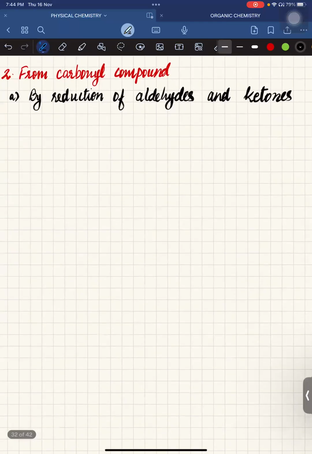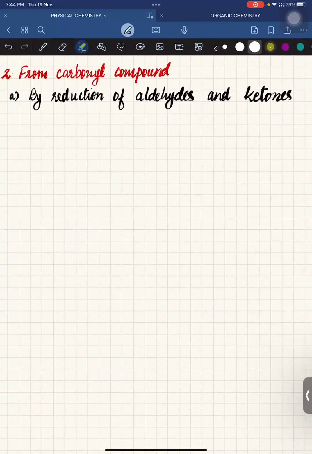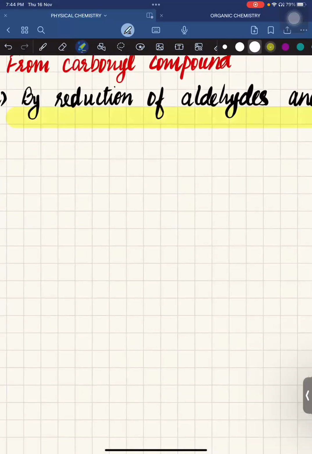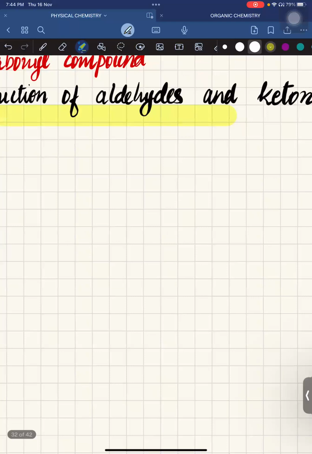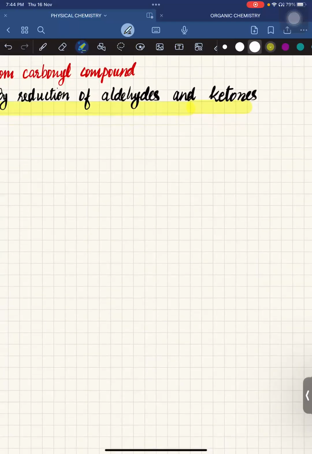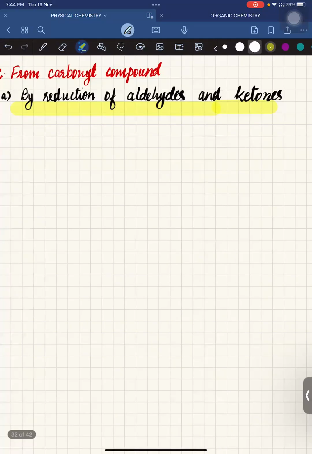Both of you, I'm asking both of you. First of all, you should have a reducing agent, and then if you are going to reduce aldehyde, you will get 1 degree alcohol. If you are going to reduce ketones, you will get secondary alcohol, if you remember.